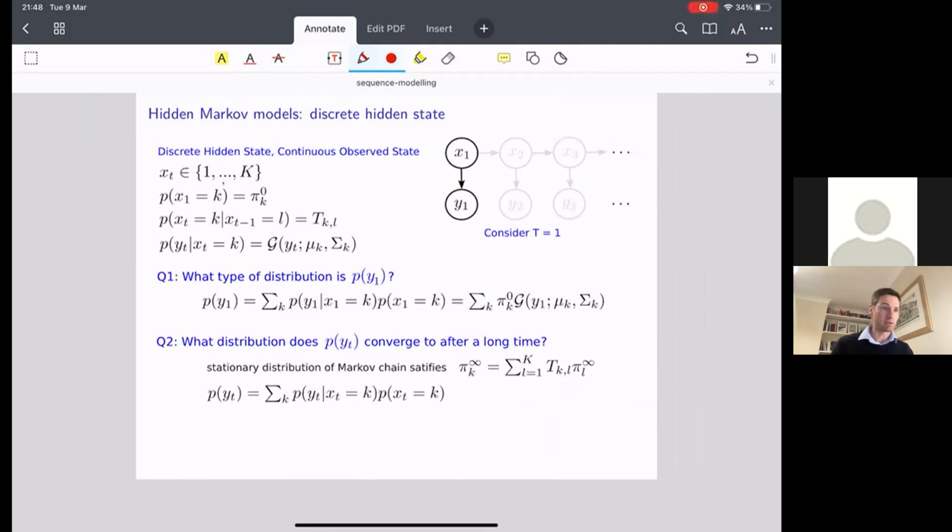And the second realization is that this calculation that we did up here in the previous question can be replicated for any time point on the chain. I can always apply the sum and the product rule to say that the marginal distribution over yt is equal to the marginal distribution over xt multiplied by yt given xt, and then summing over the latent variable values here.